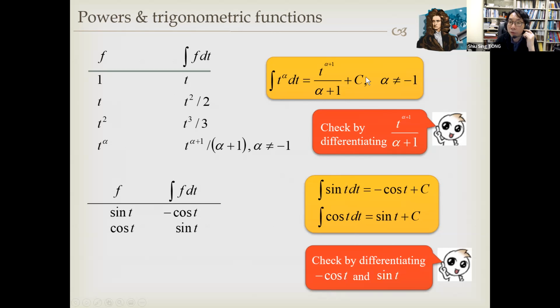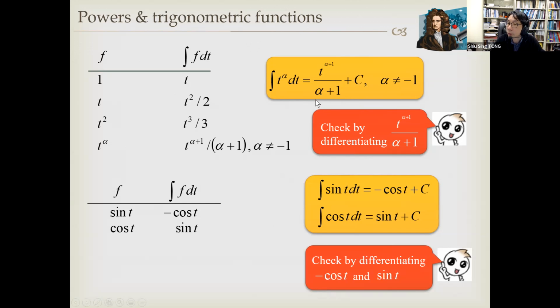And of course, you have the undetermined constant c, the integration constant. Now, you immediately notice that this formula is not applicable for alpha equal to -1. If you put alpha equal to -1 here, the denominator will be 0, and 1 over 0 is infinite, which is undefined. So this formula is not applicable for the power of t equal to -1.